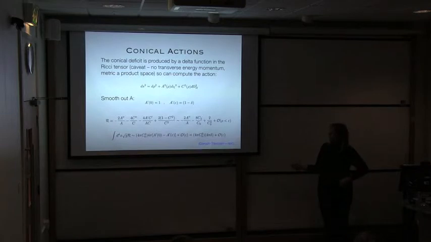So what we did was we smoothed out this A function. We're modeling the conical deficit by taking, if it was flat, A squared would be rho squared. If it was conical, it would be (1 minus epsilon) squared rho squared, and delta here I've called it. And so we smooth out A such that A has derivative 1 at the origin and 1 minus delta at some epsilon outside the origin.